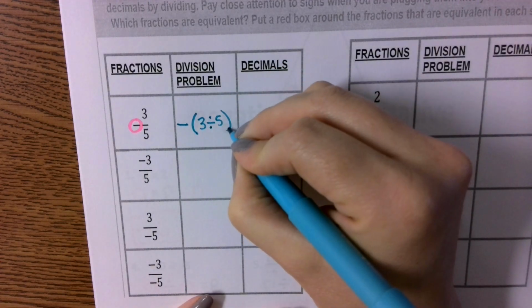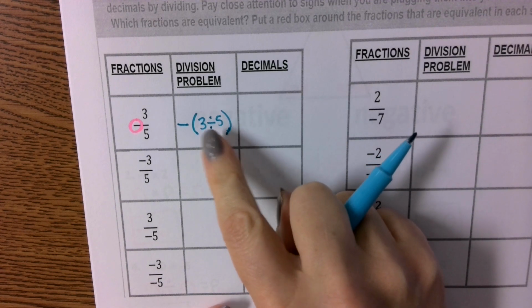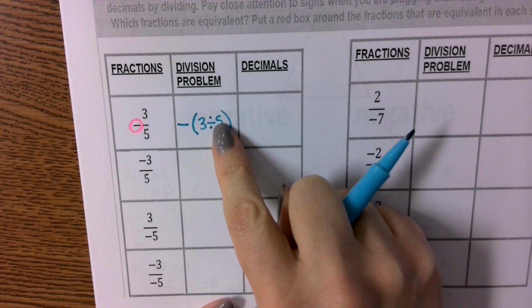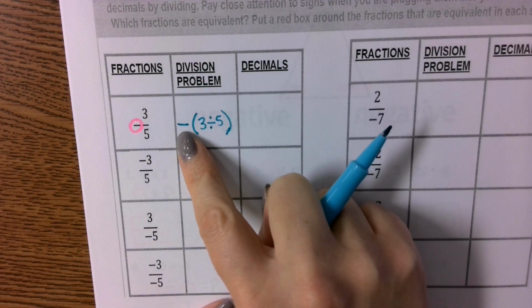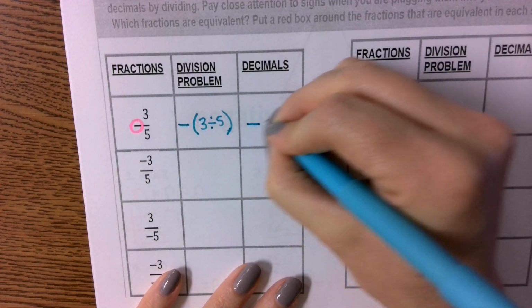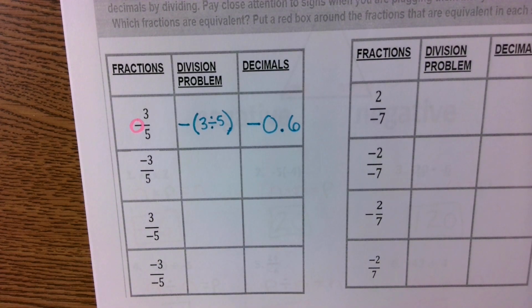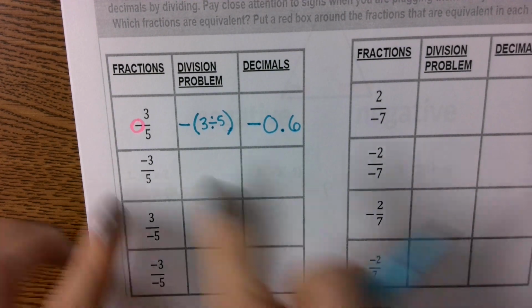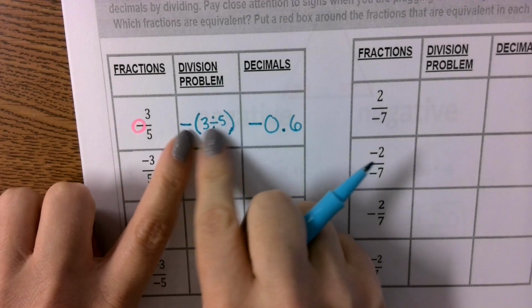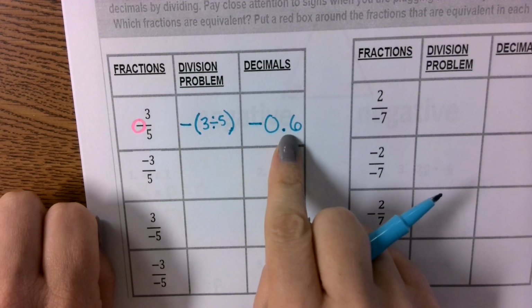If I do 3 divided by 5 on the inside and put a negative on the outside, my final answer is going to come out to a negative 0.6. So even though the negative was not assigned to one of those numbers, my final answer in decimal form is still negative.